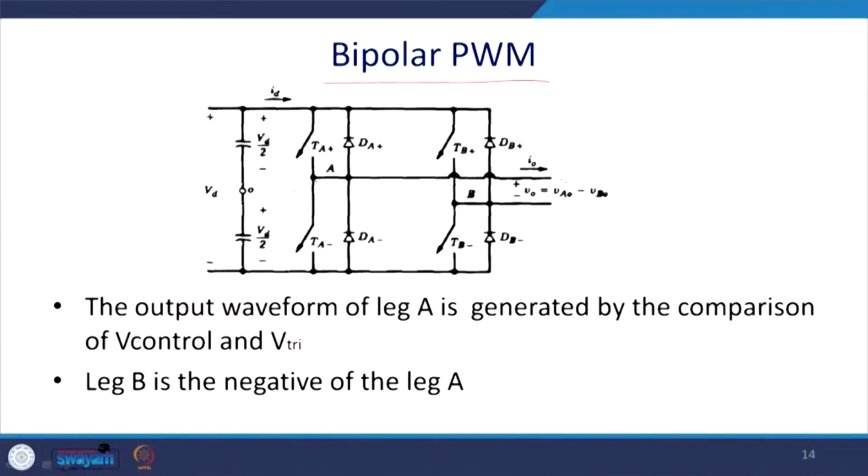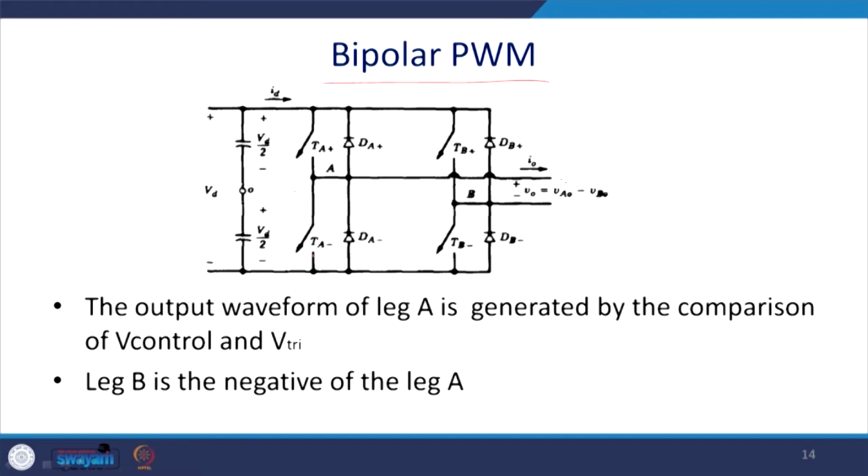So, ultimately you know that if the modulating wave is more than the triangle, then the upper switch TA plus and TB minus will be on, and otherwise the reverse, TB plus and TA minus will be on.